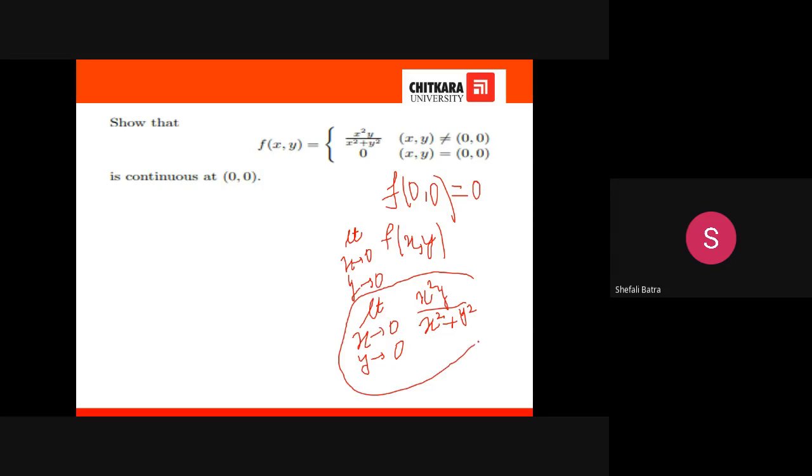Check whether it exists or not. Do it right now. Take 1 minute, simplify it, and then let me know. You need to check whether this limit exists or does not exist.